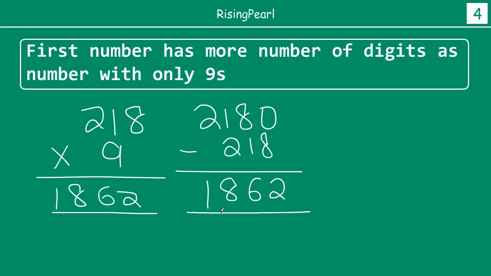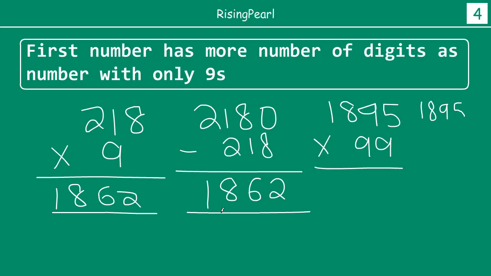And if we take one more number, let's say 1895 times 99. If you want to do this multiplication, so this will become 189,500 minus 1895. So if we do the subtraction, this will be 5, 0, right?